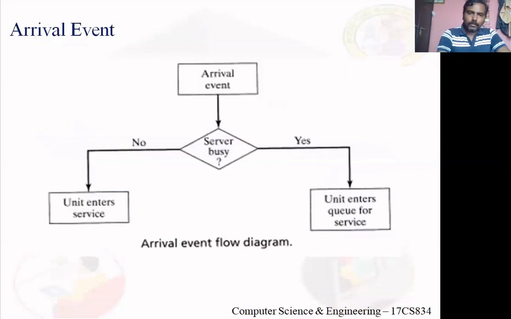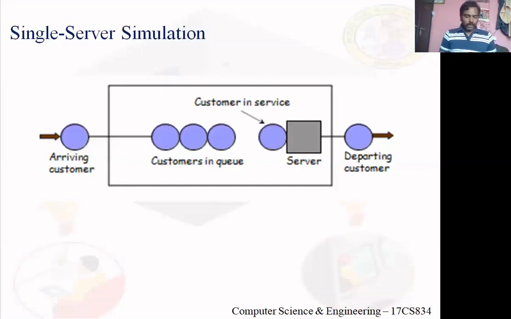See, we are concerned with two types of events. One is the arrival event, and the other one is the departure event. One thing you need to know: for the arrival event, I need to consider what changes may happen within the system.